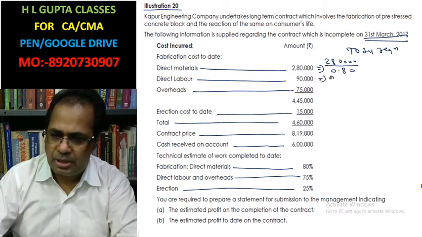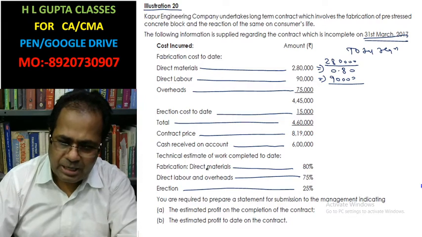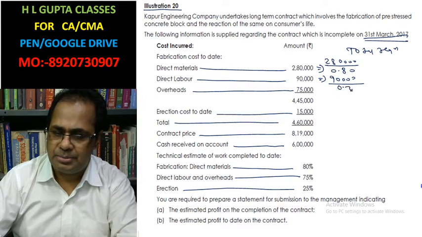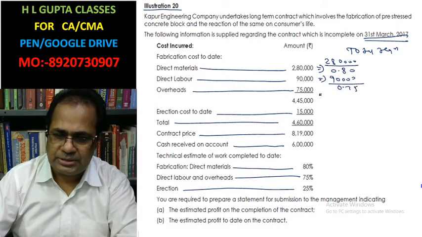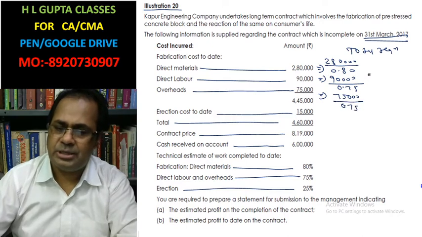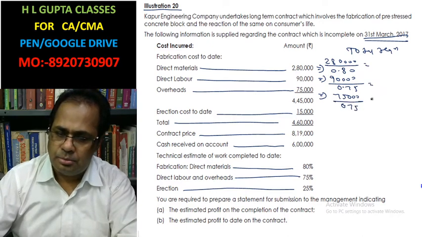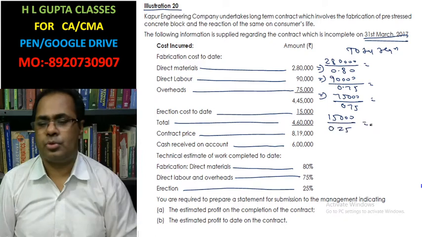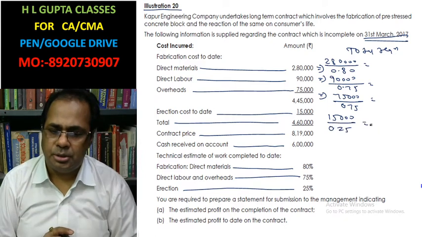Similarly, direct labor is 90,000, and this is 75% of the labor, that is 0.75. Overhead is 75,000, this is 0.75. Erection cost is 15,000, that is 0.25.